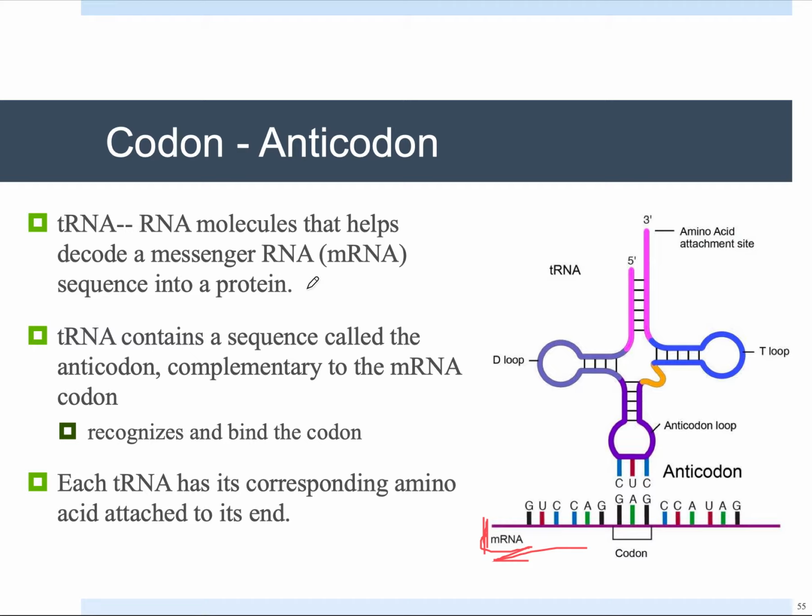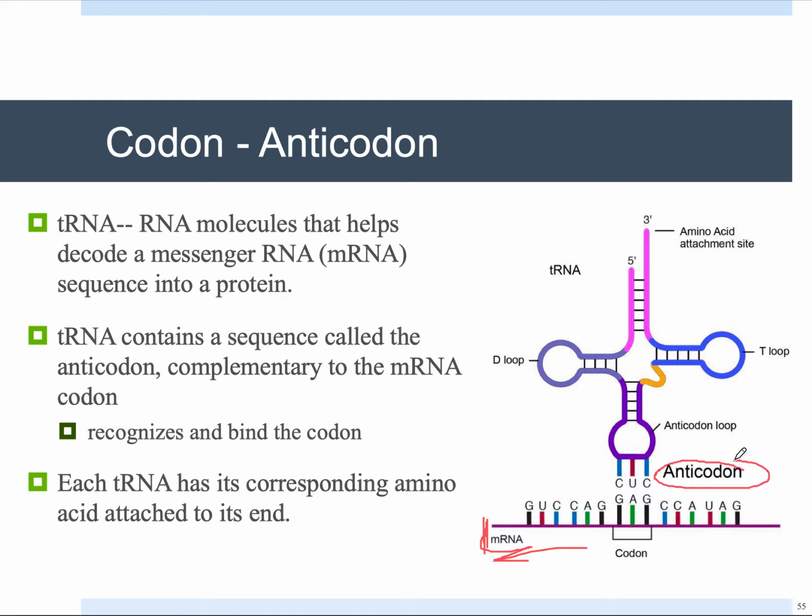On its surface, it also has sequences of nucleotides that have to be complementary to the messenger RNA. Those sequences of nucleotides are called anticodons. So there are 3 groups of nucleotides on the transfer RNA that are complementary to the messenger RNA, and they are called anticodons.